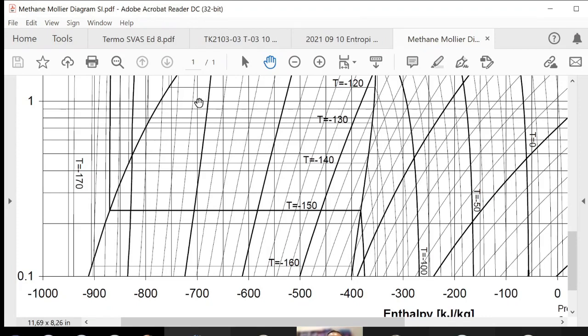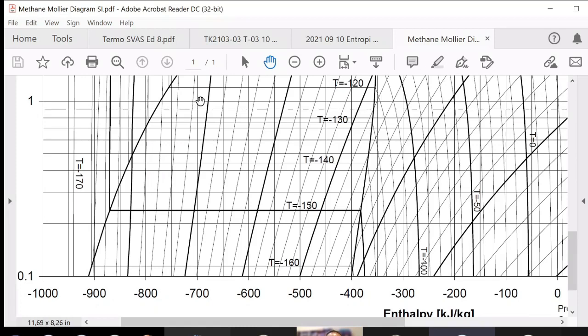It is inside the dome, between this point and this point. The enthalpy is negative 700. Now I'm asking, is it more in liquid or more in vapor? This point, please answer.